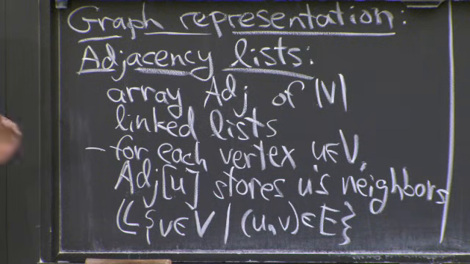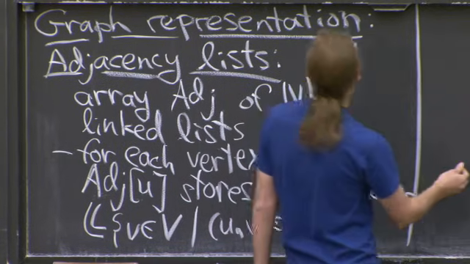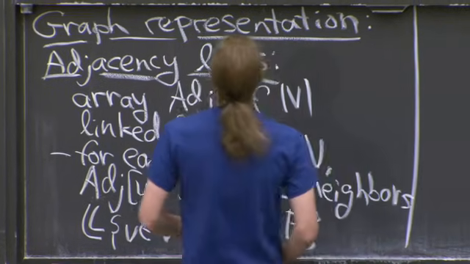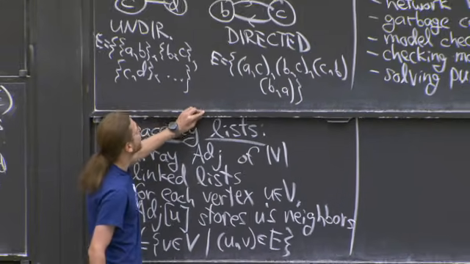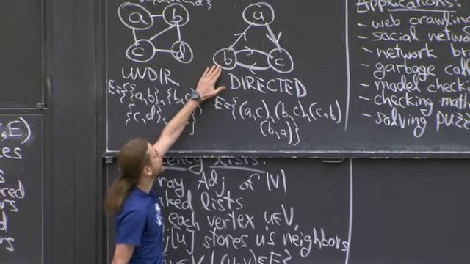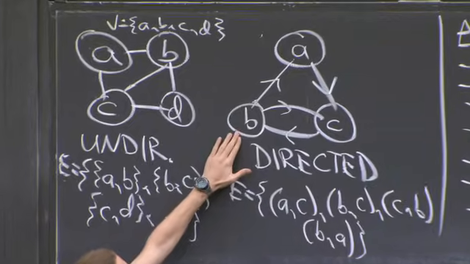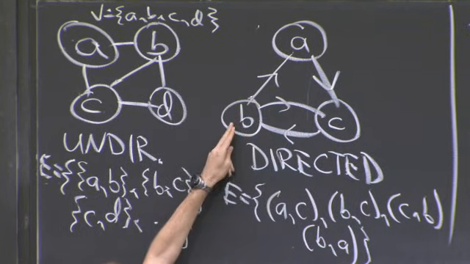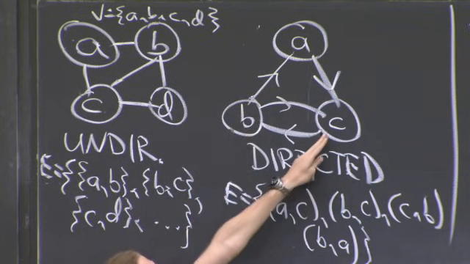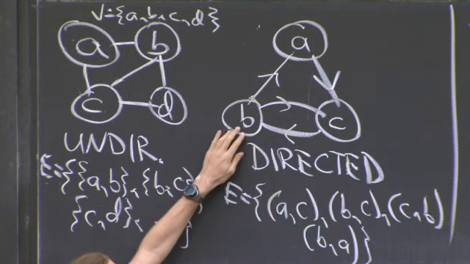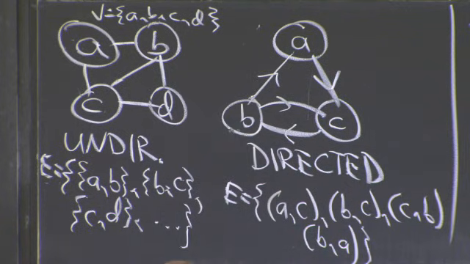OK, so if I have a vertex like b, ADJ of b is going to be both a and c, because in one step there are outgoing edges from b to a and b to c. So ADJ of b is a, c.